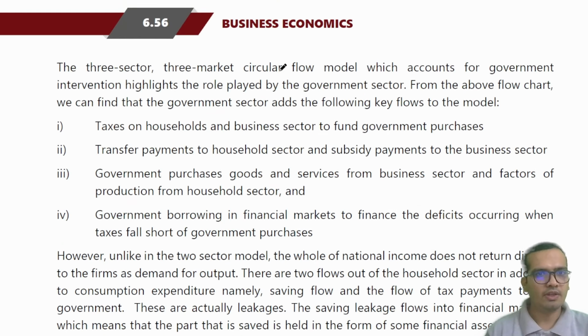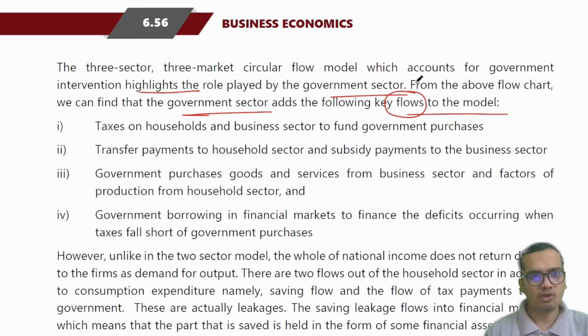Then we have the three-sector model, the three-market circular flow, which accounts for government intervention and highlights the role played by the government sector. From the above flowchart, we can find that the government sector adds the following key flows to the model. First, taxes on household and business sectors to fund government purchases.